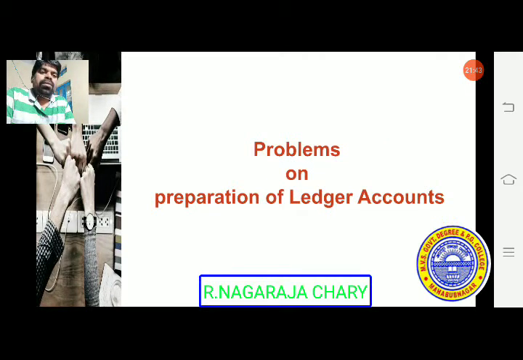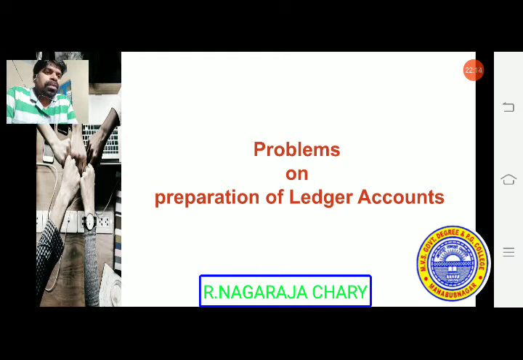I think you understood the theory part of the journal: recording journal entries by using various principles, that is personal accounts, real accounts, nominal accounts, and then all the monetary transactions are recorded in the journal. After recording the journal, each and every aspect is to be posted into concerned accounts.